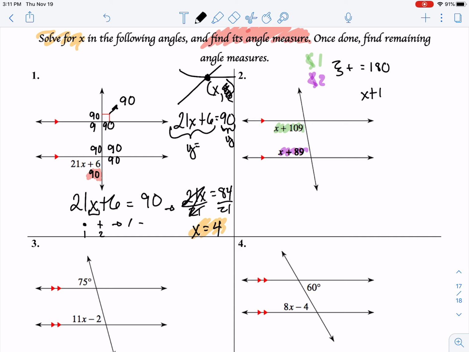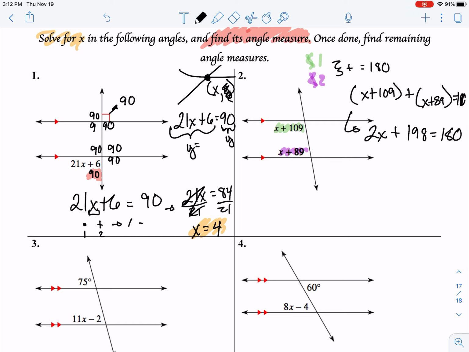So x plus 109 plus x plus 89 equals 180.